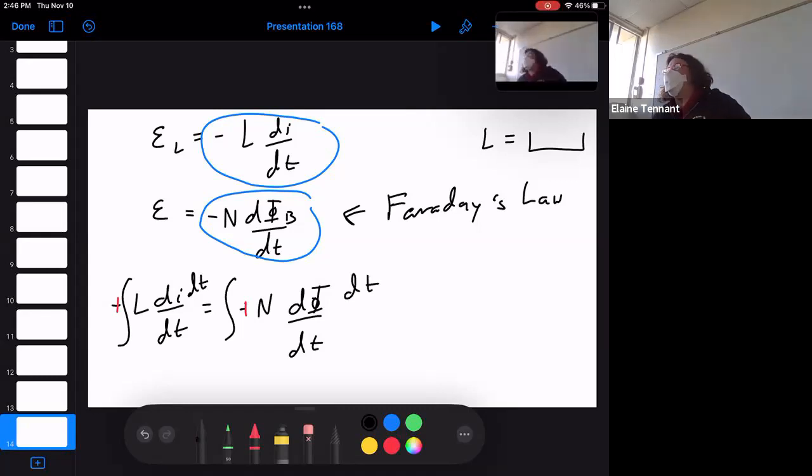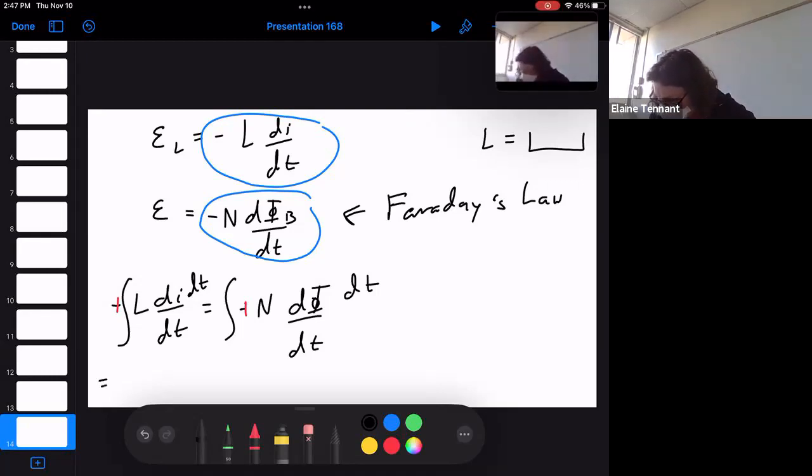With respect to time? Well, if you're taking the integral of the derivative of something, so if I have the derivative of x, and then I take the integral of that, what am I going to end up with? Yeah, just the original thing.